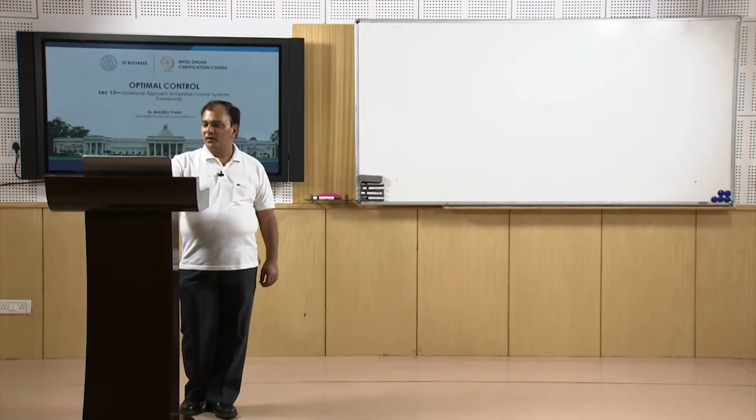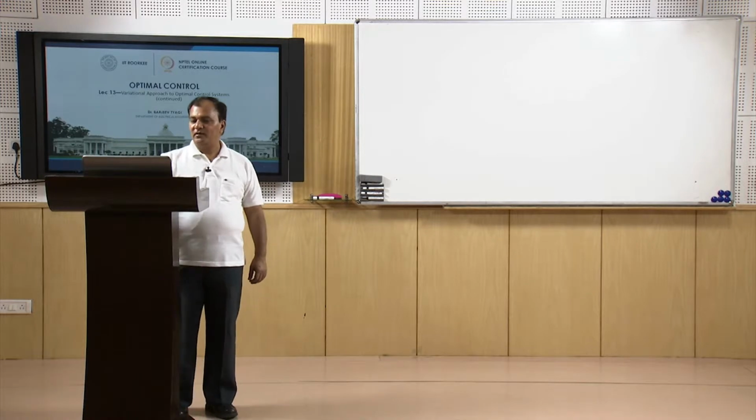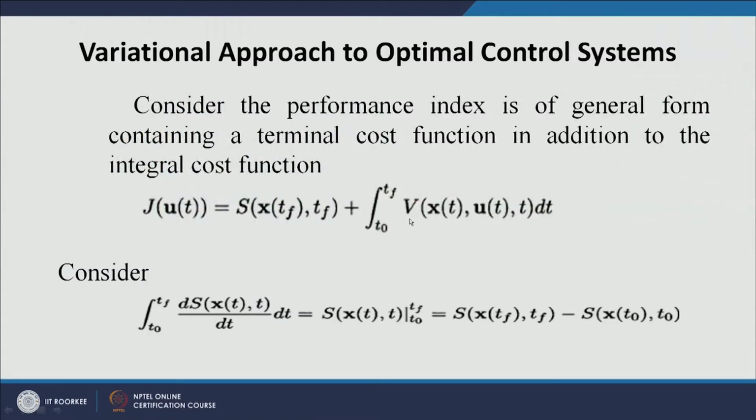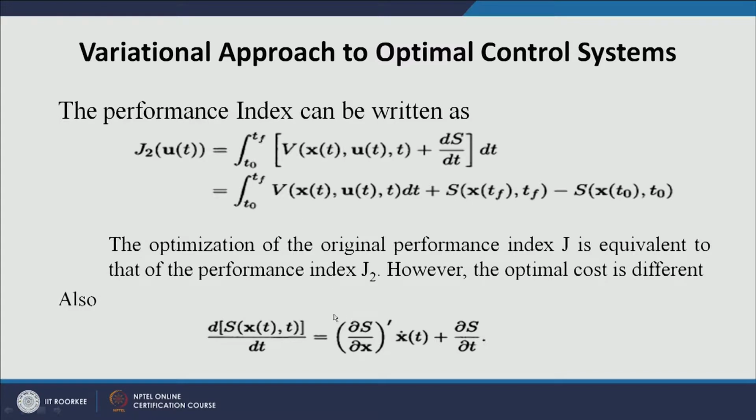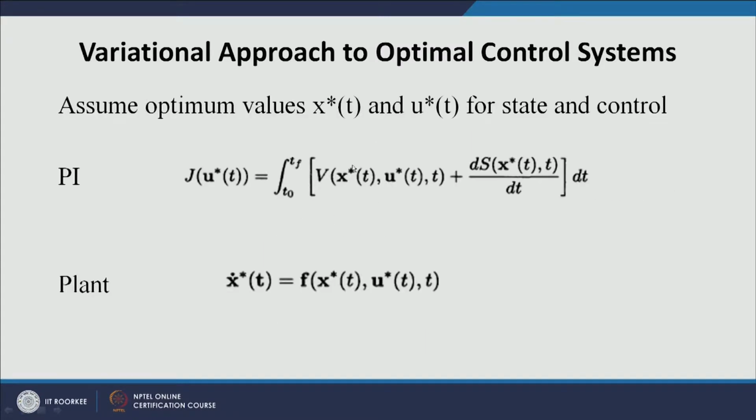We consider our performance index as J, with terminal cost and integral cost, which is given here. With a mathematical consideration, we define our PI as V plus dS by dt, and the plant is this. So, the objective is to find the optimal u which will minimize J and satisfy the plant.